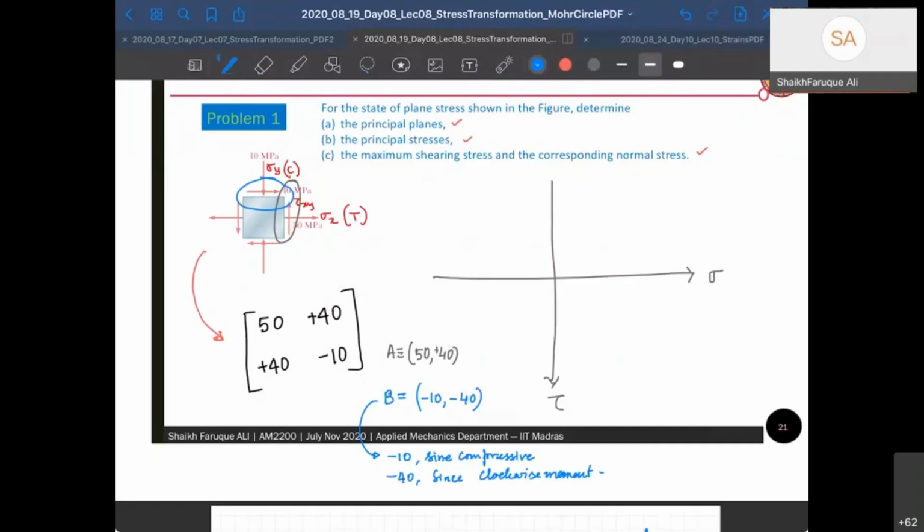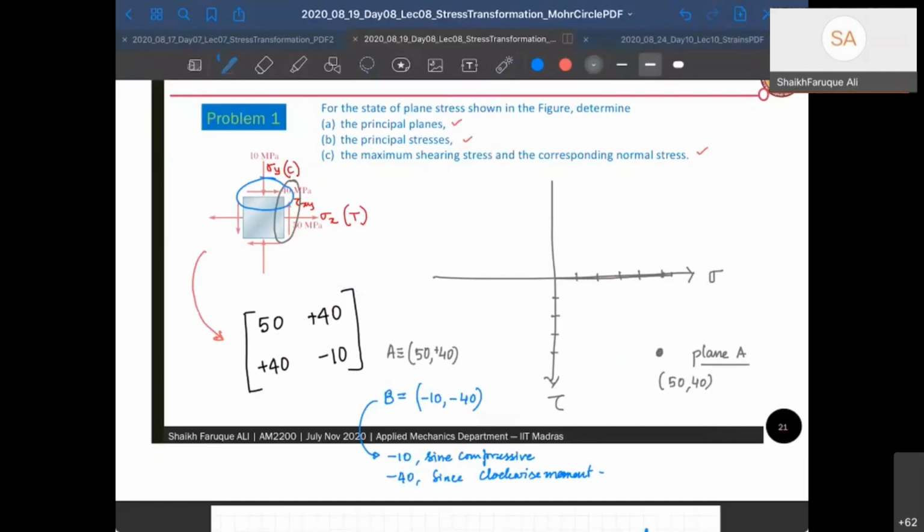So let's look at point A. How do I represent point A? Let's say this is my 50 here. So let's go by 10, 20, 30, 40, and 50. Very nice. So that's going to be 50. And then I have to go 40 again, right? So 10, 20, 30, 40. So it will be somewhere here. This is my plane A, which is given by 50, 40.